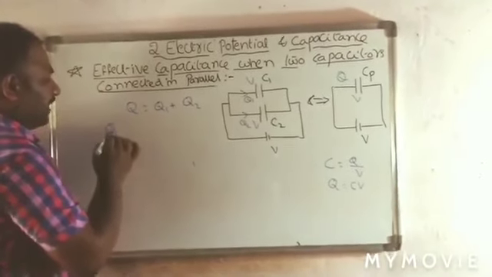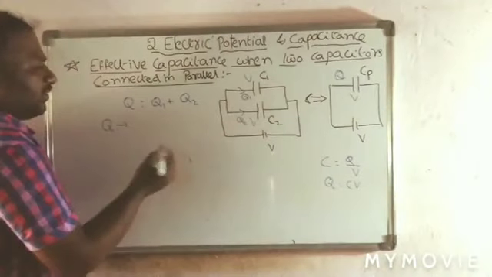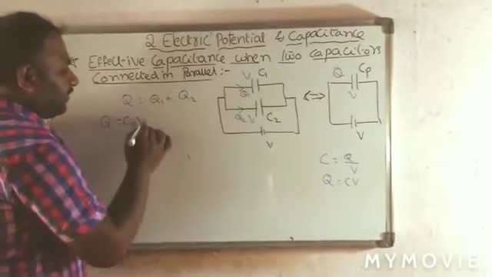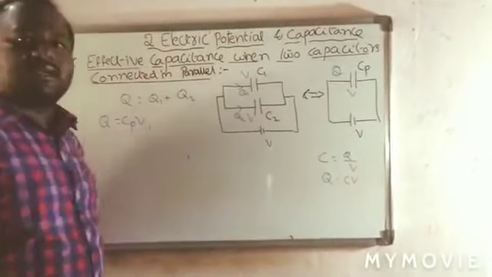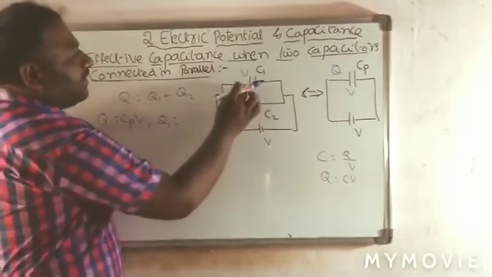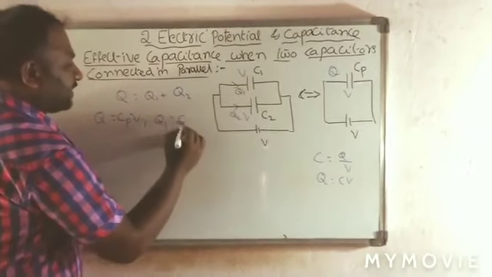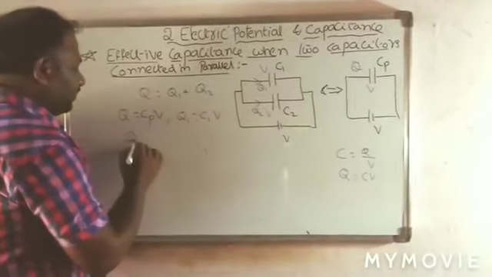Here Q is taken from the equivalent circuit, that is Q is equal to Cp into V. Here Cp is the equivalent capacitance when they are connected in parallel. Next, Q1 is the charge across the capacitor C1. That Q1 can be written as C1 into V. And next one is Q2.